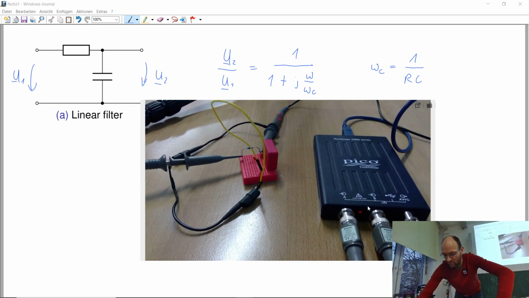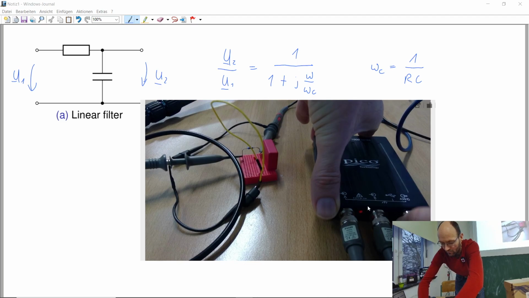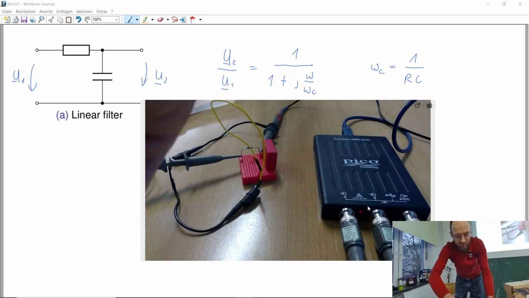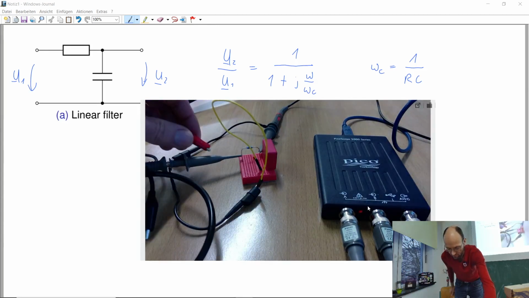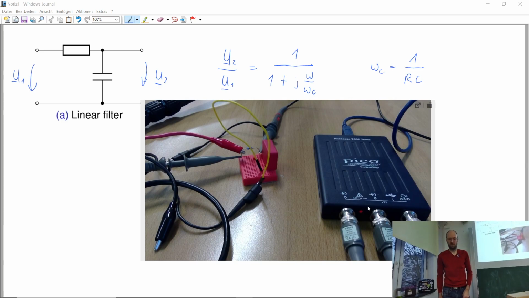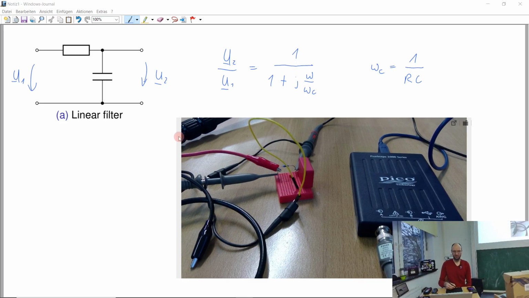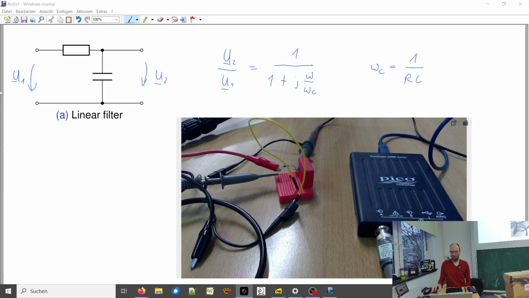With this generator, I can power the circuit, and then the red cable also goes to the input. Okay, so to summarize, channel A measures input voltage, channel B measures output voltage, and this arbitrary waveform generator, let's say, is like a voltage source that is connected at this side. Okay, so this is our circuit.